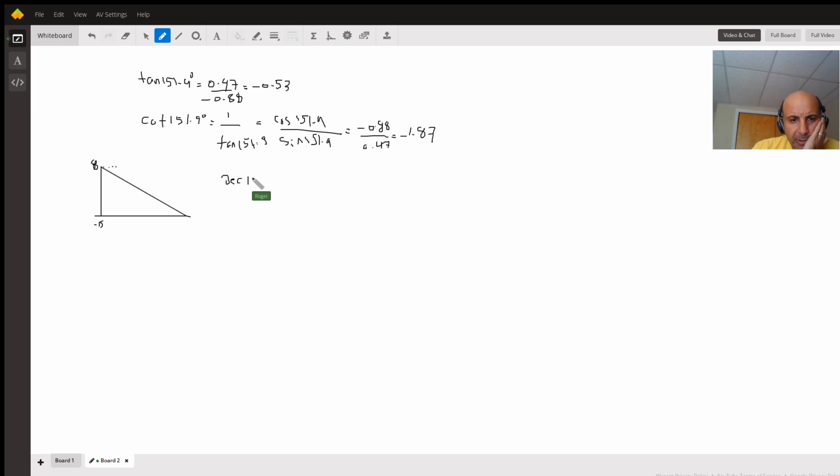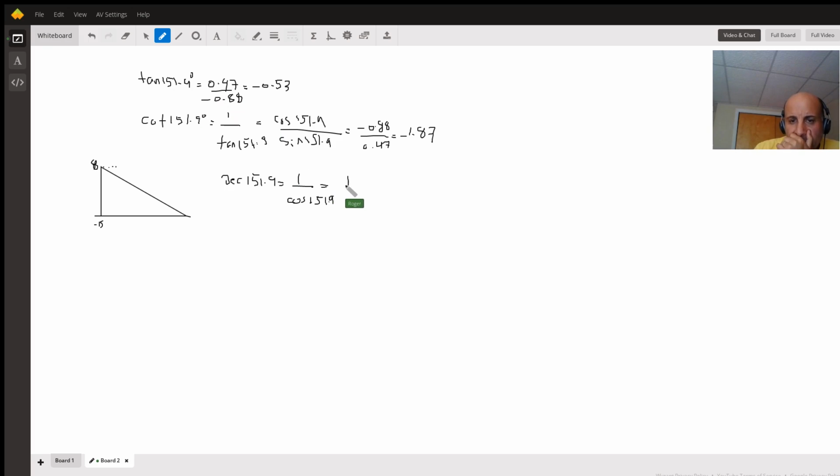The secant 151.9 degree is nothing but 1 over cosine 151.9 degree. So let's look for where the cosine was. The cosine was negative 0.88.